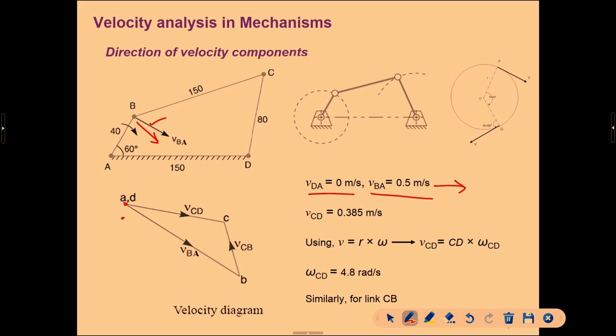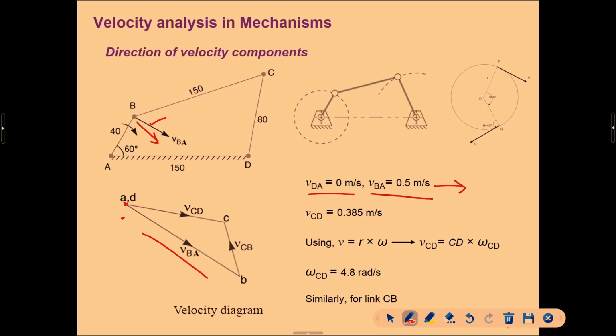So, the length of the line AB in the velocity diagram must be equal to 0.5 meter per second converted to the appropriate scale, and it must be parallel to this vector VBA, or it must be perpendicular to the link BA.